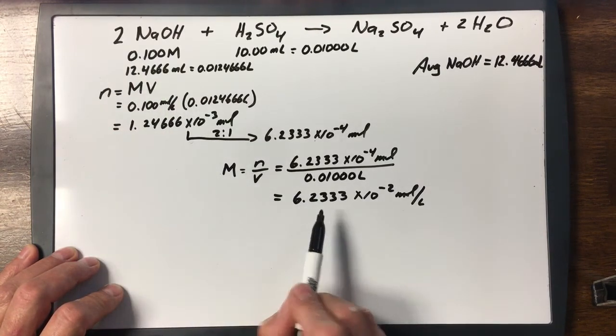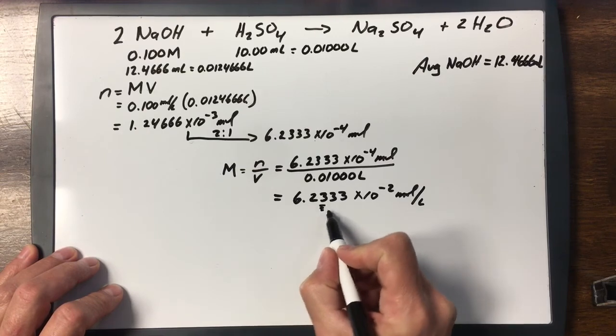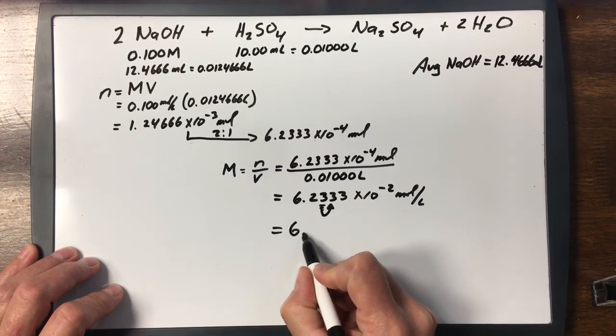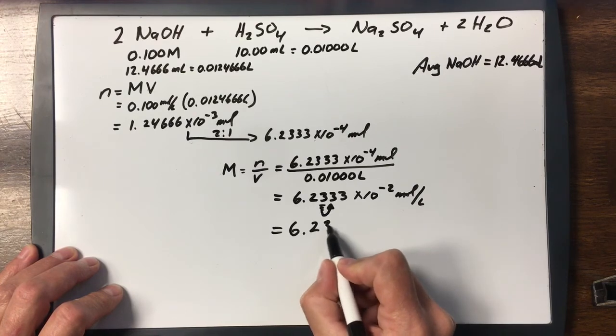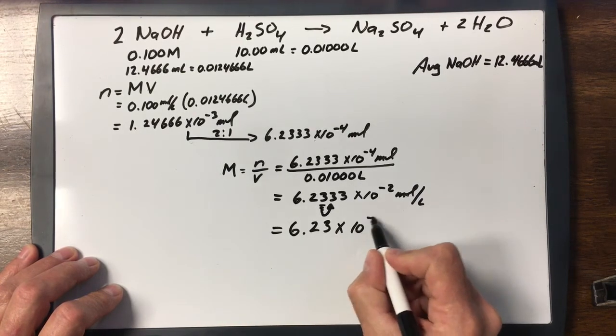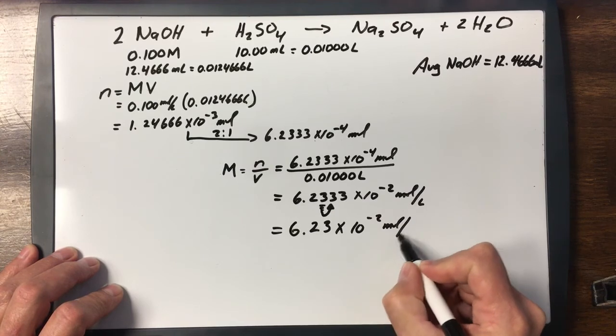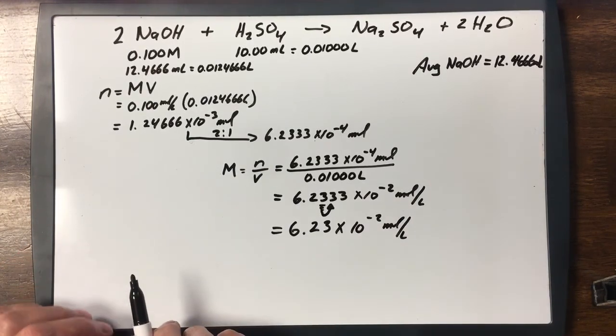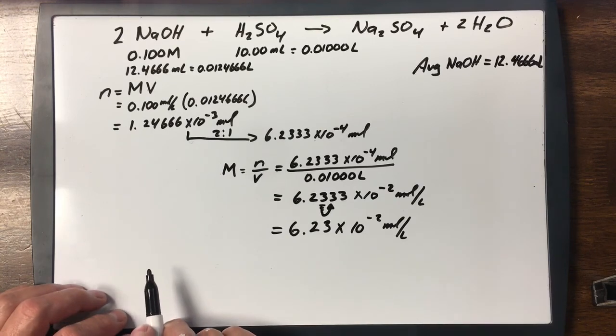So our final answer is going to have 3 significant figures. There's the third. We're going to take a look at the next number to get a final answer of 6.23 times 10 to the negative 2 moles per liter as the concentration of the sulfuric acid that we were titrating.